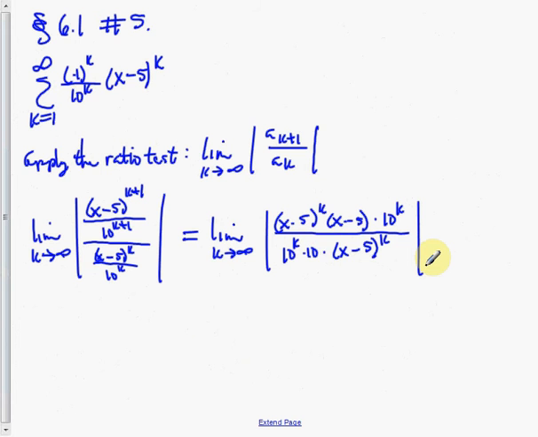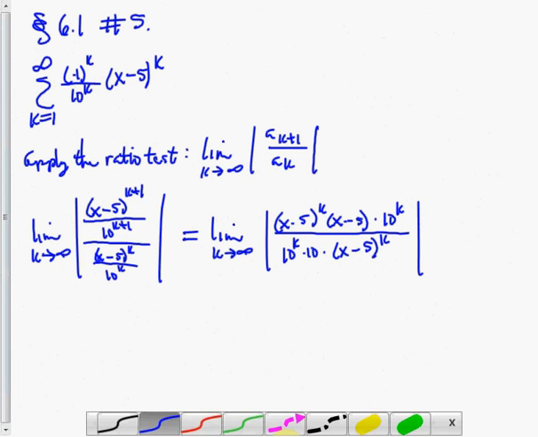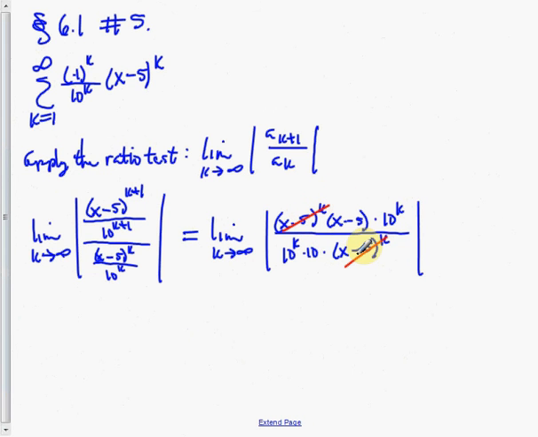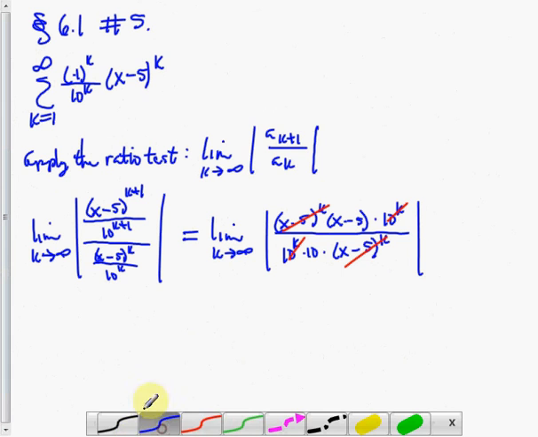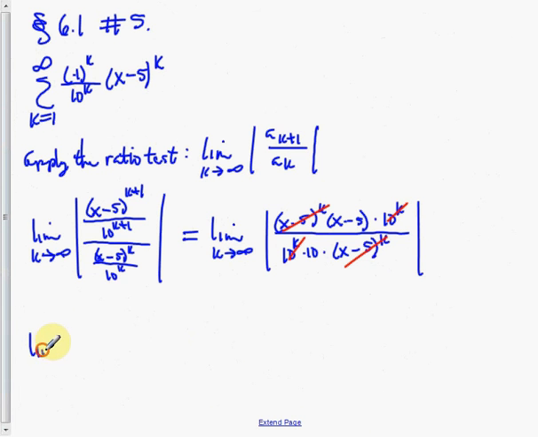Is everybody okay with that? Okay. So the x minus 5 to the k cancels out, and the 10 to the k cancels out. So we have left the limit as k goes to infinity of the absolute value of x minus 5 all over 10.